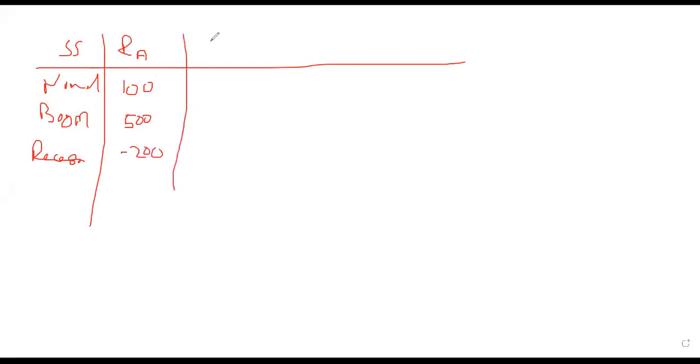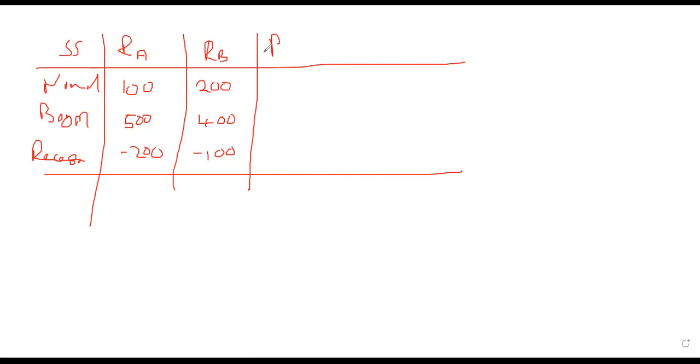For asset B, we may have maybe a 200, and here a 400, and in the recession, we're not doing fine, we're getting a negative 100. In the probabilities, maybe we're given 0.5 chance of getting a normal, 0.3 chance of getting a boom, and 0.2 chance of getting a recession. And the total must be equivalent to 1.